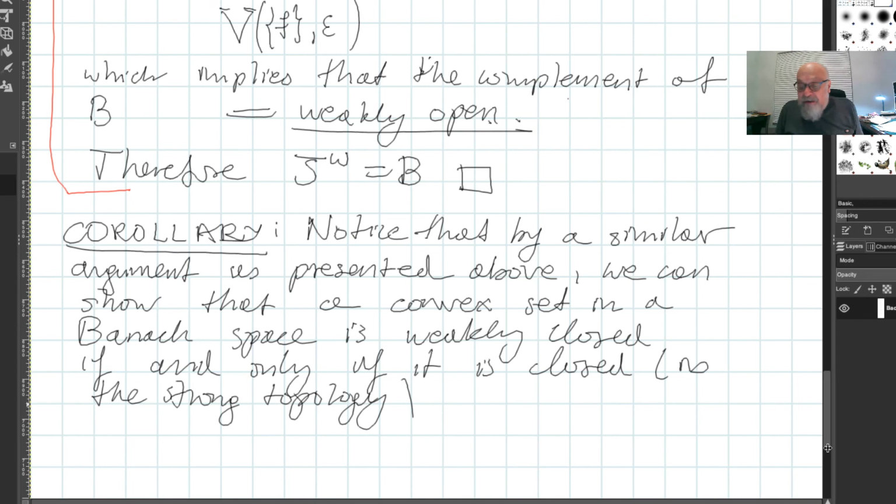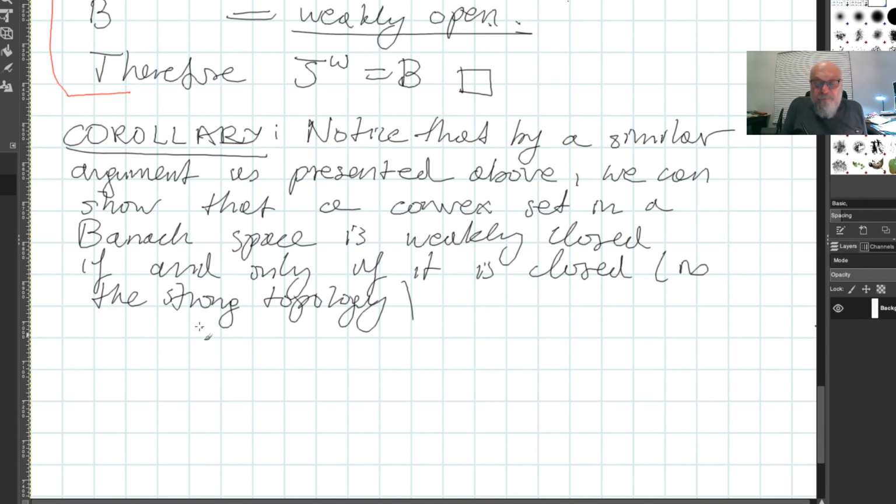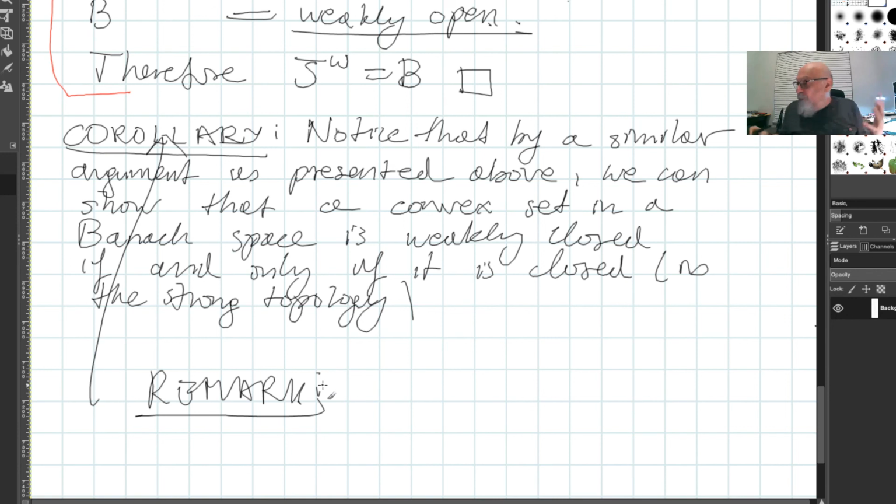I think we're running out of space, so maybe I finish this segment here, and I will do the proof of this one. Formulate this corollary properly. This is more like a remark, and in the next segment I will prove that the convex sets are closed if and only if weakly closed, if they are strongly closed.